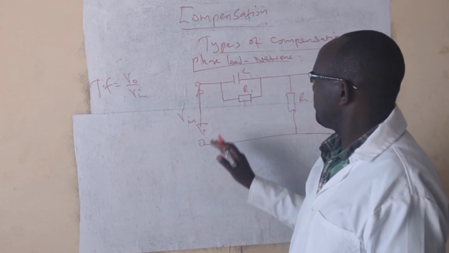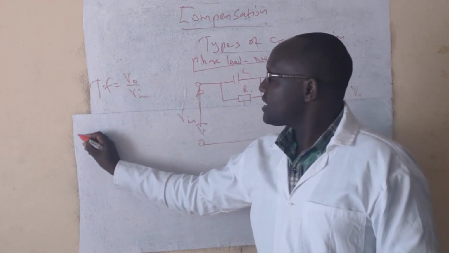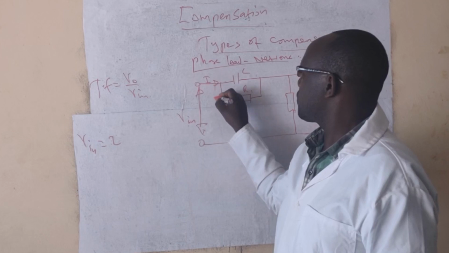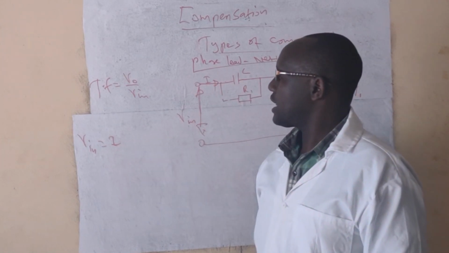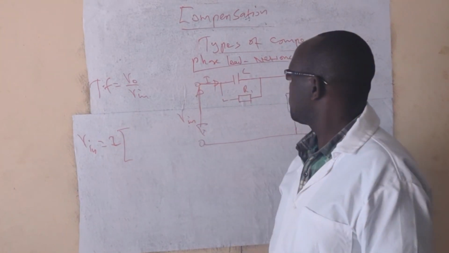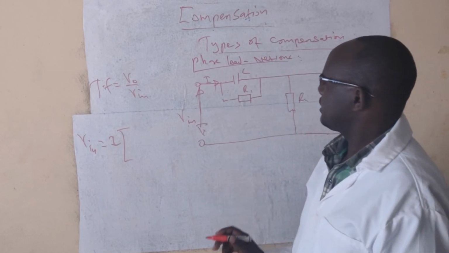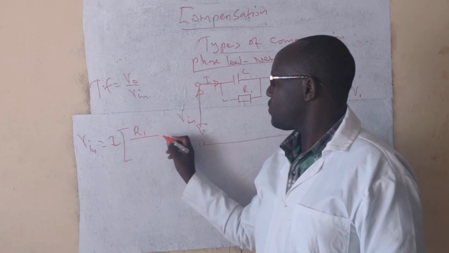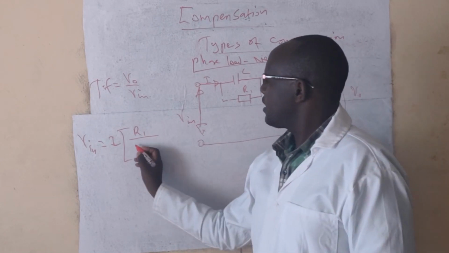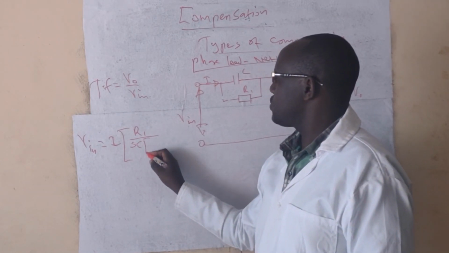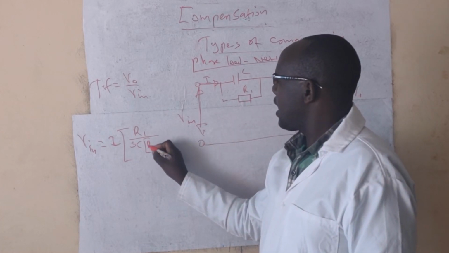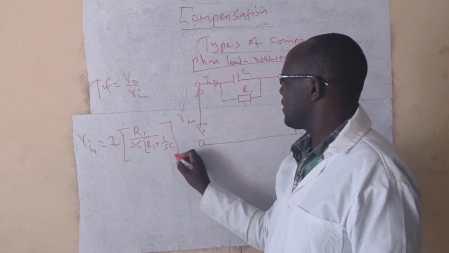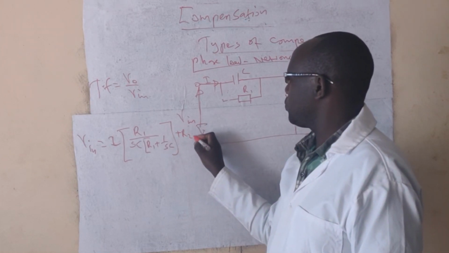From our system here, V in is equal to I, the current going through that circuit, the total current, into the equivalent impedance. This is going to be R1 in parallel with 1 over SC, which is R1 all over SC into R1 plus 1 over SC, plus R2.